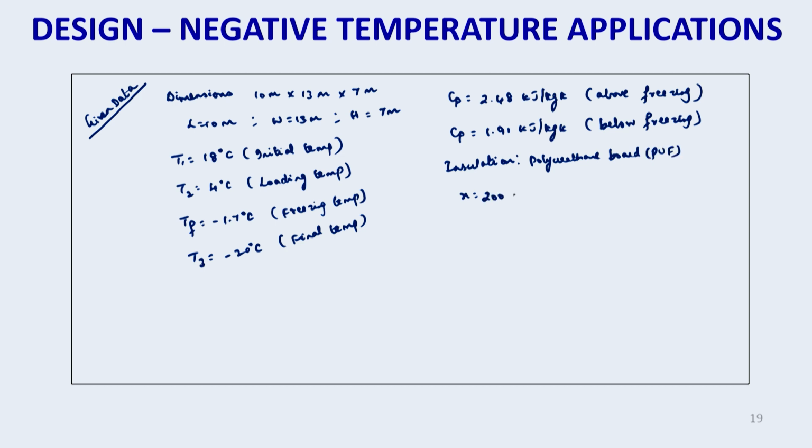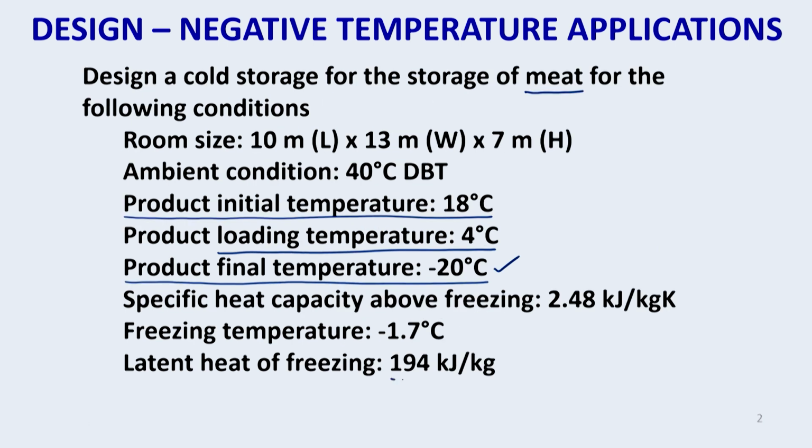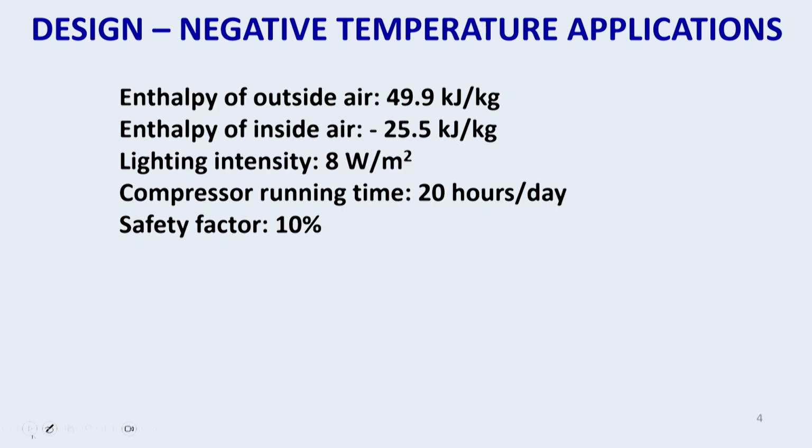Thickness of insulation is 200 millimeter, which is equal to 0.2 meter. Latent heat is given. Latent heat of freezing is 194 kilojoule per kg.